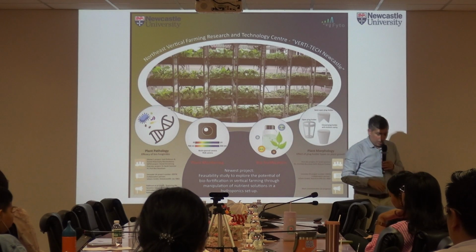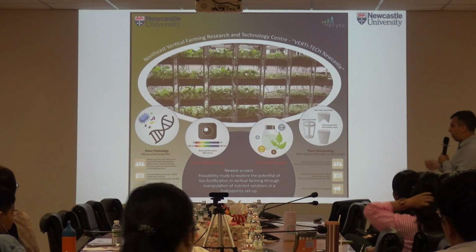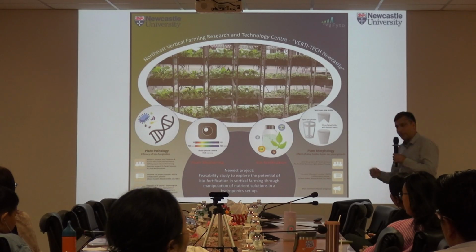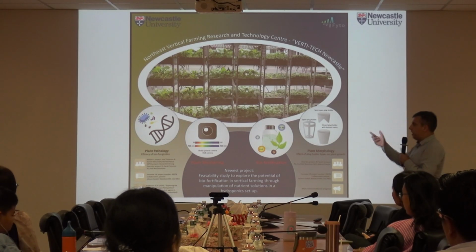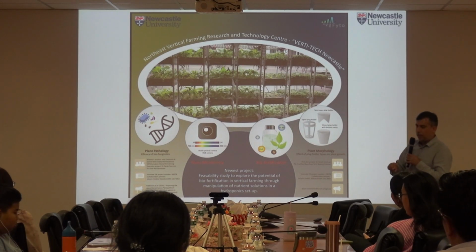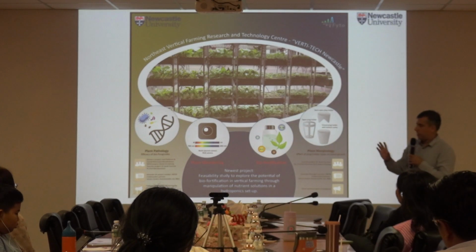So basically we're looking at nutritional quality along with the yield component, and whether we can use imaging instead of chemical analysis. That would benefit us instead of taking destructive samples from these plants to the lab.